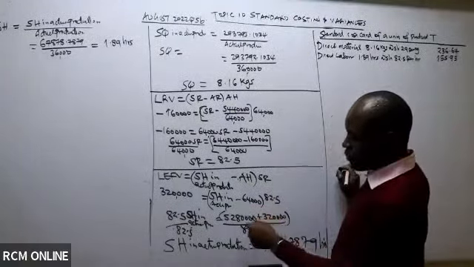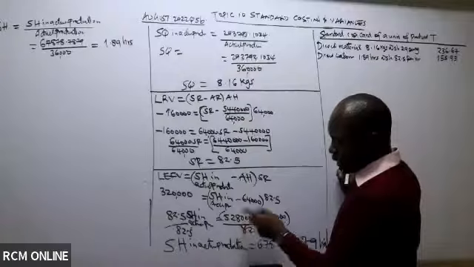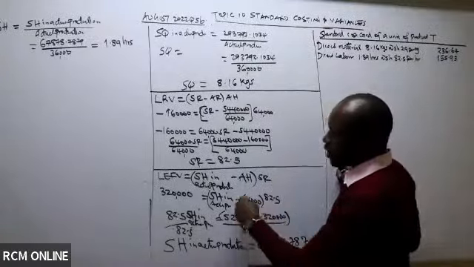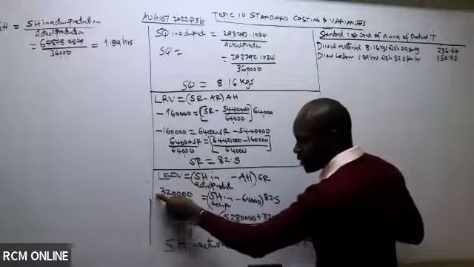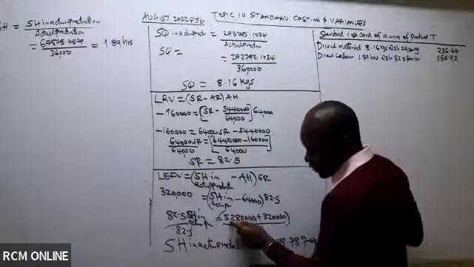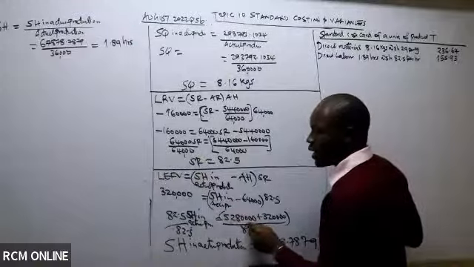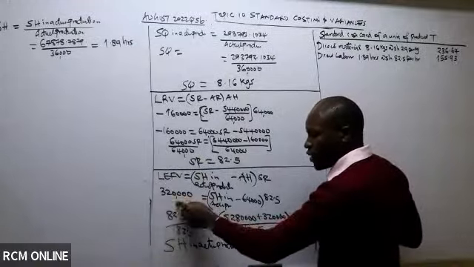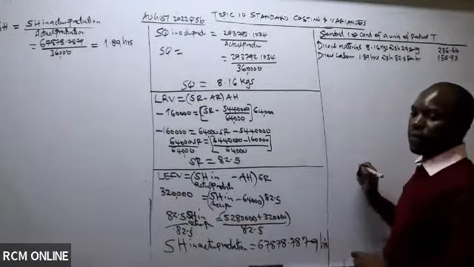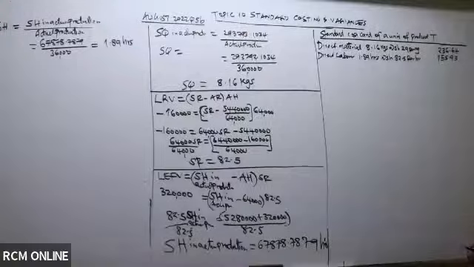Negative 5,280,000 is crossing the equal sign to this side. What will it be? It will be a positive. So that positive 5,280,000 is this one here. 320,000 was a positive. Why are we introducing a negative to it?